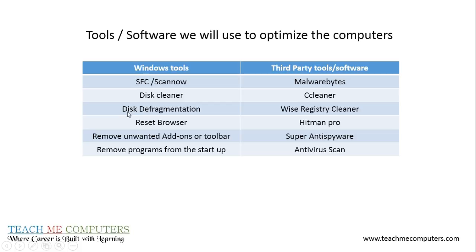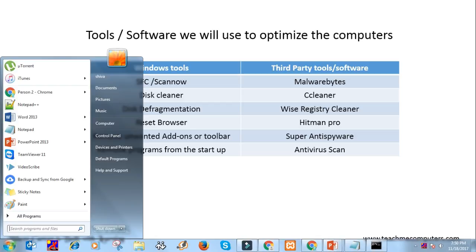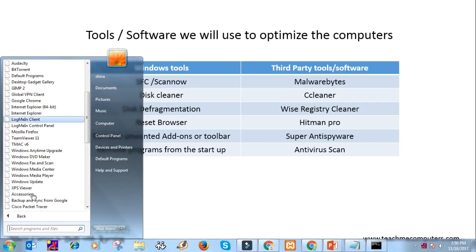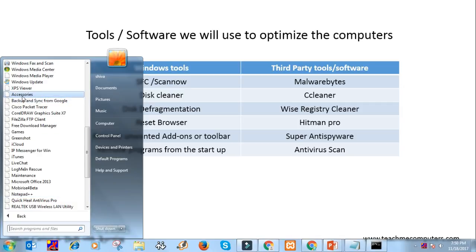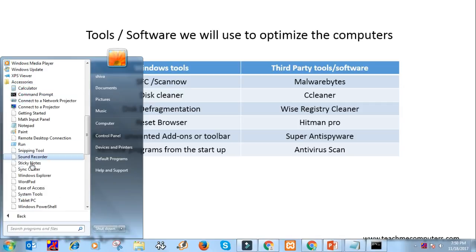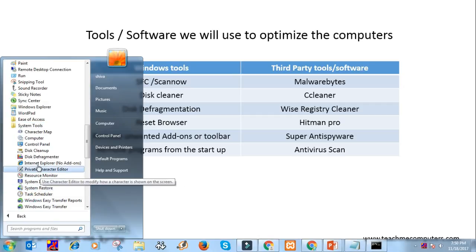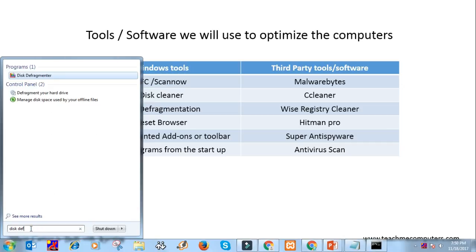The third tool we will use is disk defragmentation. For disk defragmentation, go to Start, All Programs, Accessories, System Tools, Disk Defragmenter, or you can just search here for Disk Defragmenter.